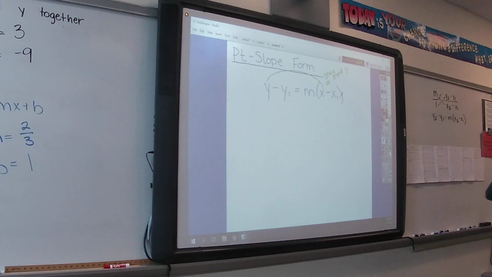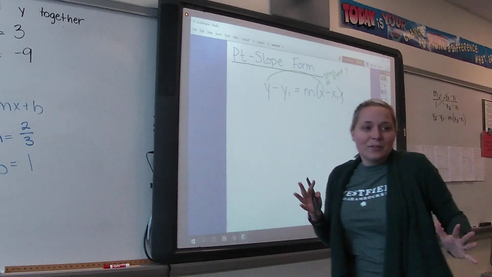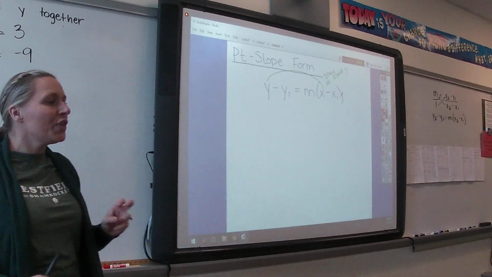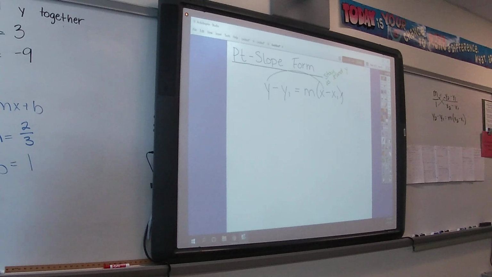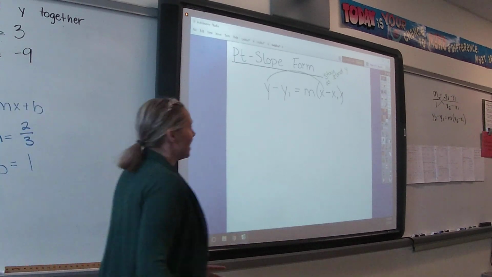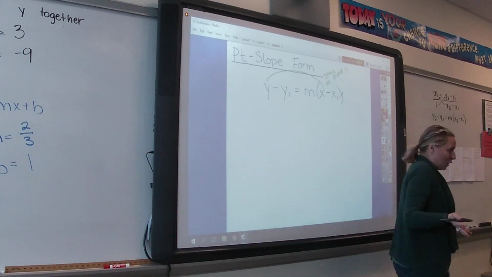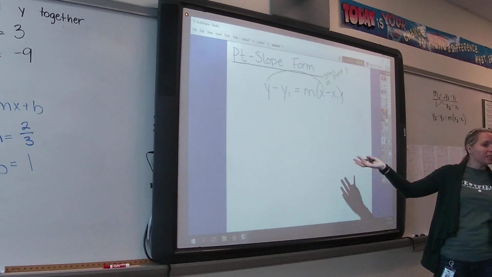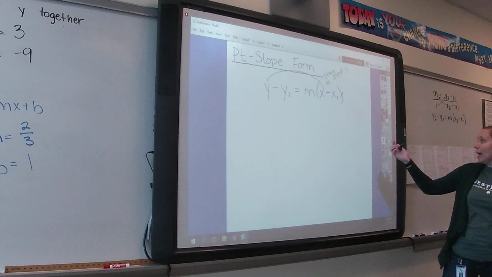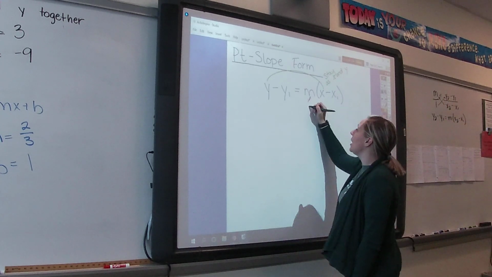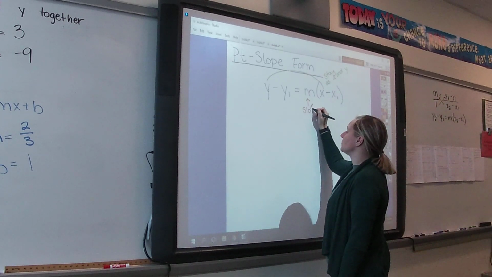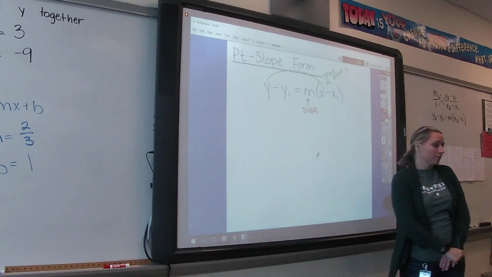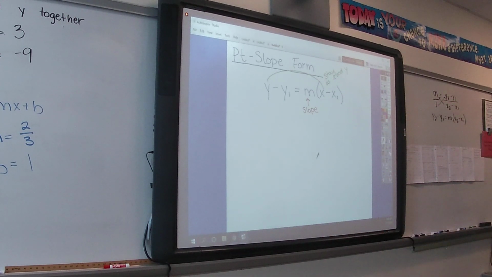Point slope form. What 2 things do we think we're going to find? A point and a slope. Now, one of them should be pretty obvious to us. What is going to be slope in this formula? M. Right? So our slope is right here in front of the parentheses. The point starts to get weirder.